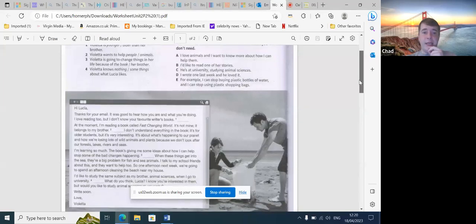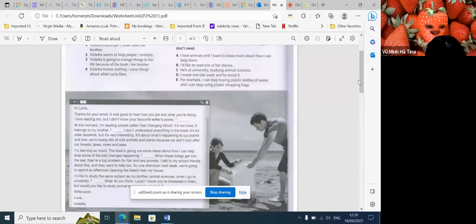Okay, Tina, number 3. I'm learning so much. The book's giving me some ideas about how I can help stop some of the bad changes happening. For example, I can stop buying plastic bottles of water, and I can stop using plastic shopping bags.